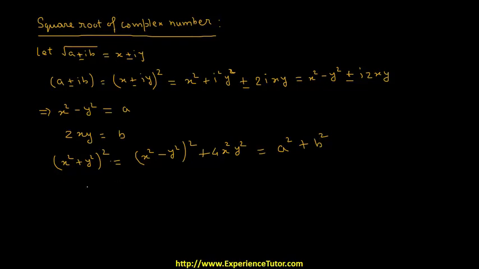Therefore, we can write x square plus y square is equal to under root of a square plus b square, and x square minus y square is equal to a. So let this be equation 1 and this be equation 2.